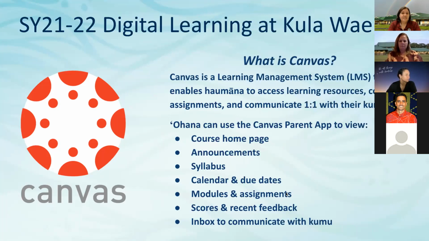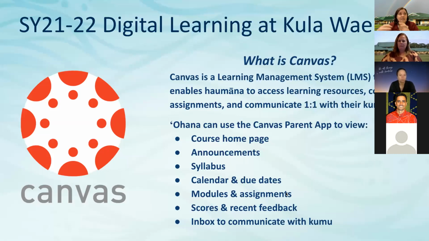You can view the course syllabus, maybe that's syllabi, I forget what the plural is for that one. And then calendars, you'll see the course calendar and due dates. You can see their assignments and view their modules that the kumu have set up. And then you can even see the scores for their assignments in Canvas.